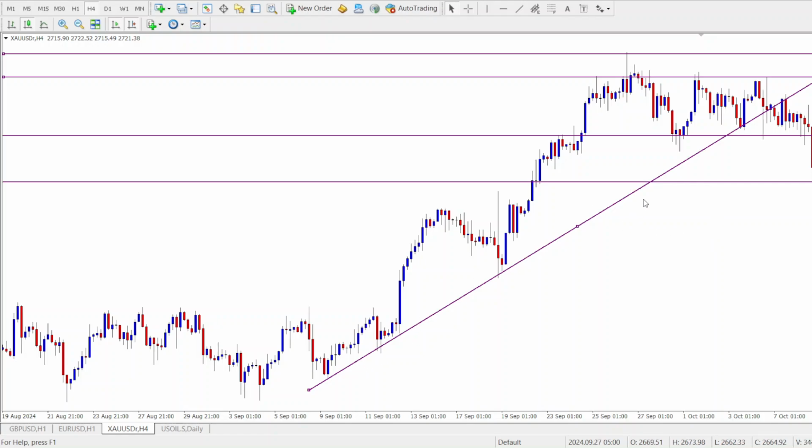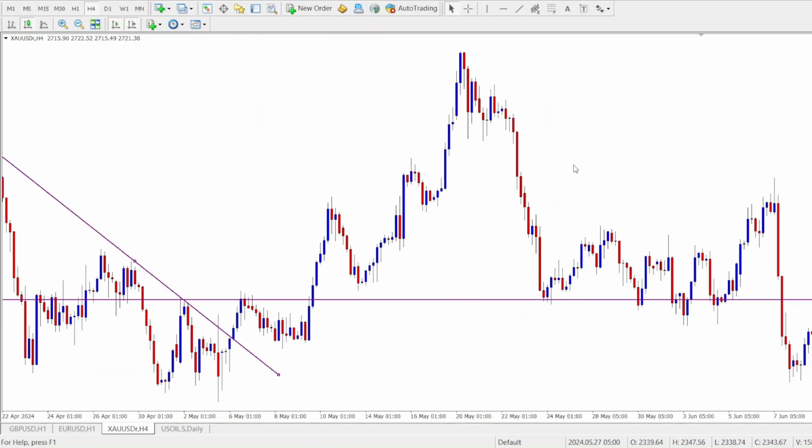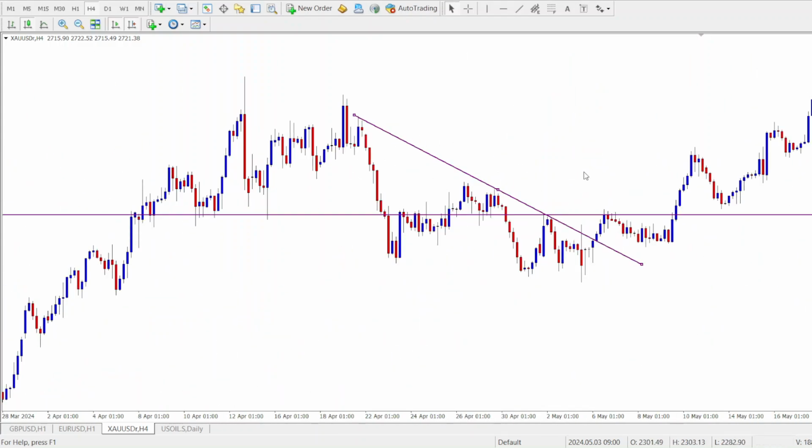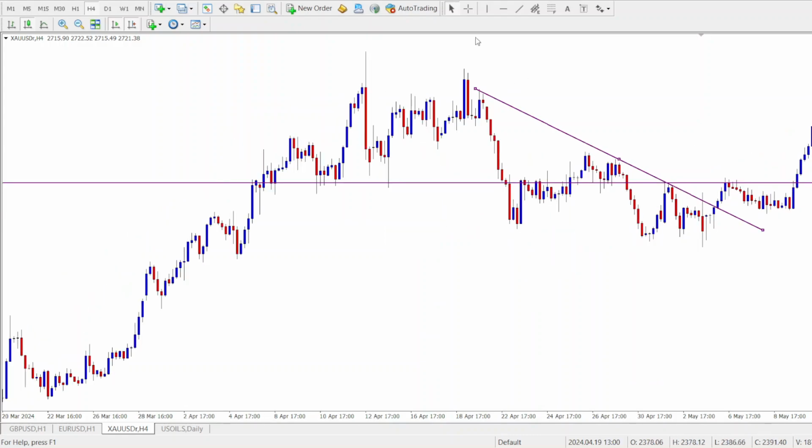For the trend lines that are diagonal, it helps you identify whether it's a climbing support, or a declining support, or a climbing resistance, or a declining resistance. For example, we have a climbing resistance here. That is a resistance that was increasing. Here we had a resistance that was decreasing.